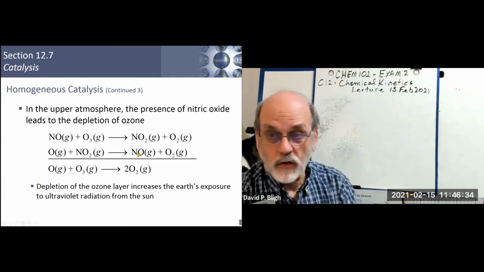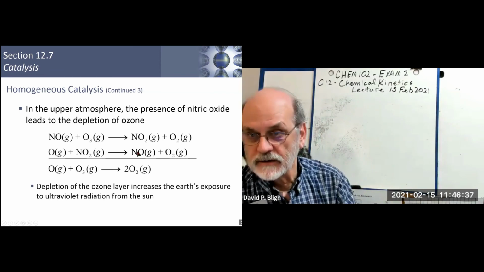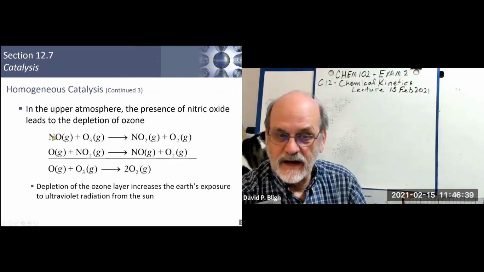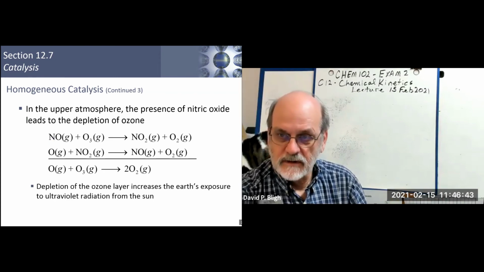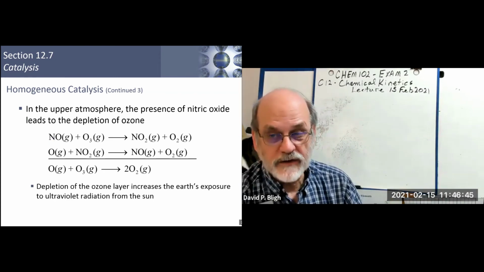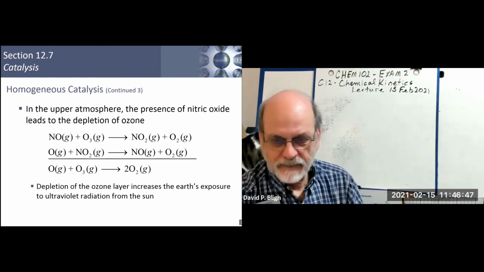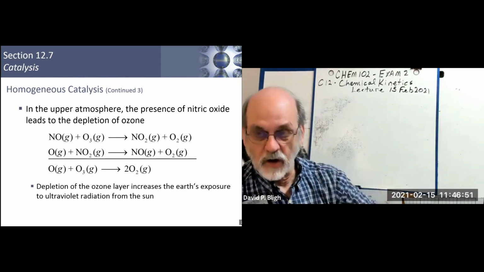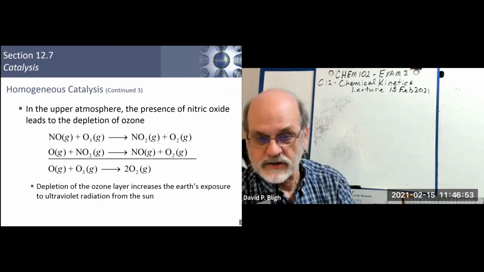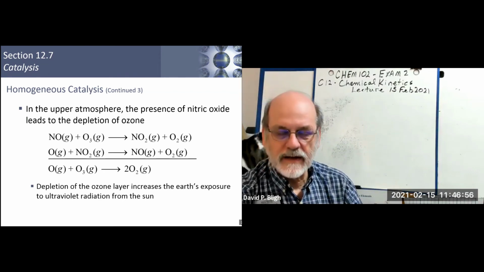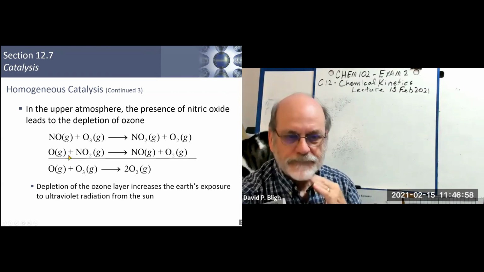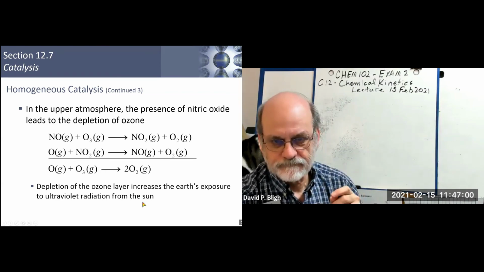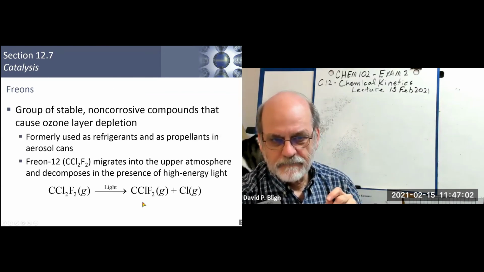And now it's free to go do the same thing to some more ozone. So that catalyst, it just goes on and on and on. Just keeps creating ozone holes in the upper atmosphere. And that's bad because ozone is required to protect the lower levels and living tissues from damage from ultraviolet radiation. Okay.